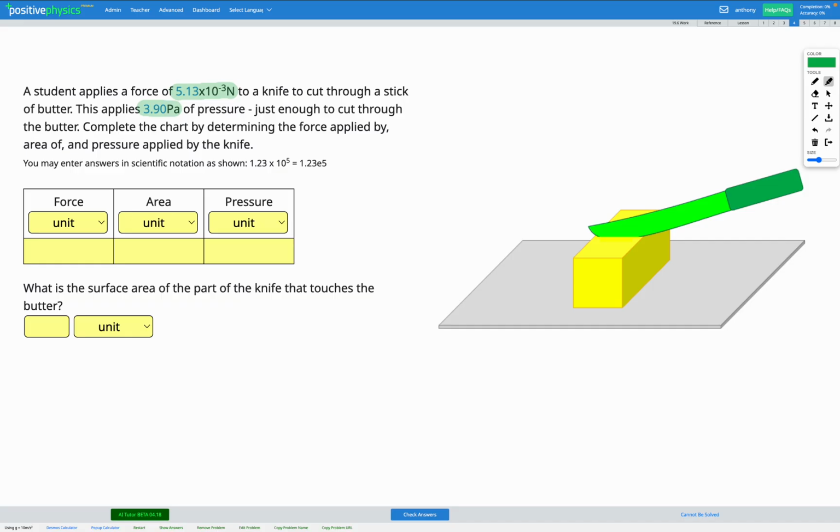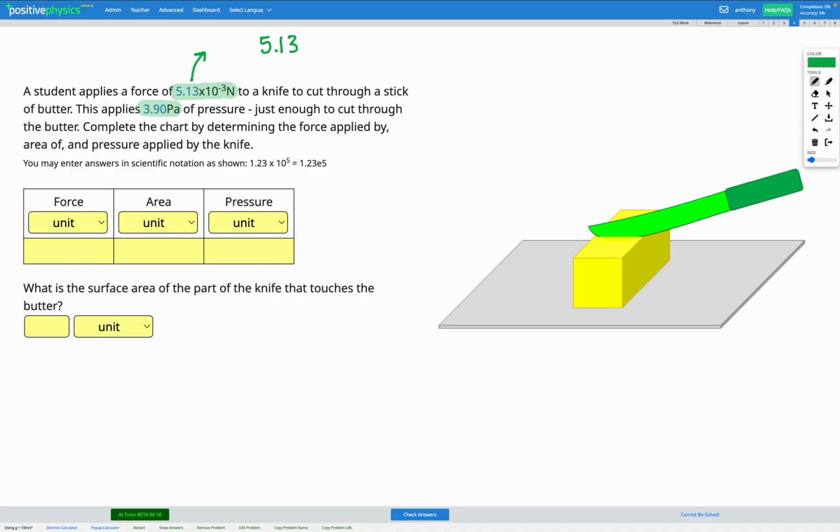Okay, so we're going to start by filling in our known variables into our table. We've got force, area, and pressure. Now we're told in the question our force is 5.13 times 10 to the power of negative 3 newtons. I can write that a little bit more easily if I change it out of scientific notation.